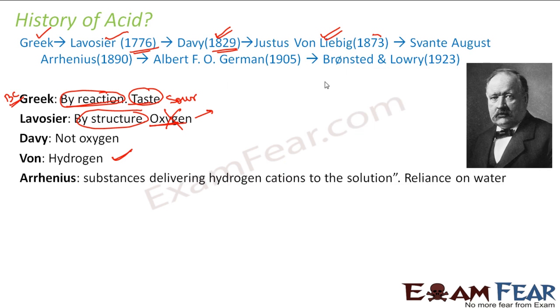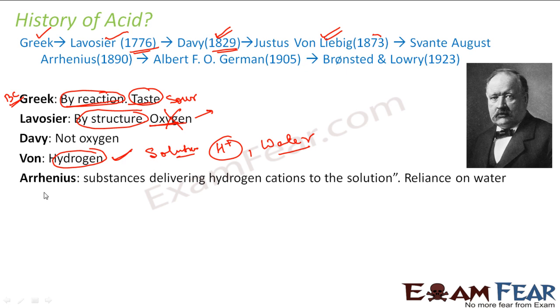Till this point they were relying on a solution of hydrogen cations, and they were relying on water, because what they were doing was putting some solid thing in water and creating acid out of this.